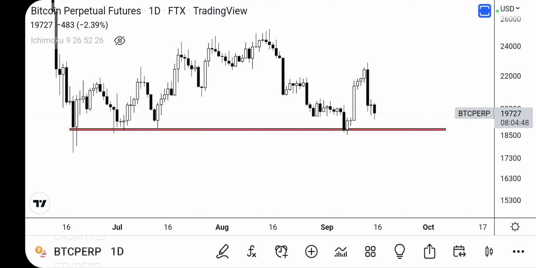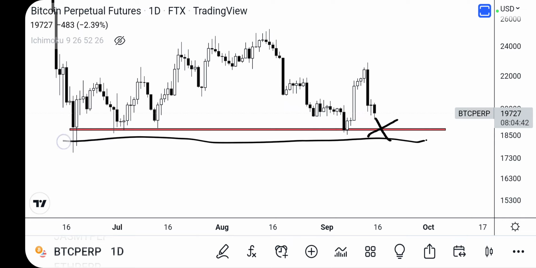It is only when the body of the candlestick breaks this level and goes down to this level, then we will know that the head and shoulder top is valid.